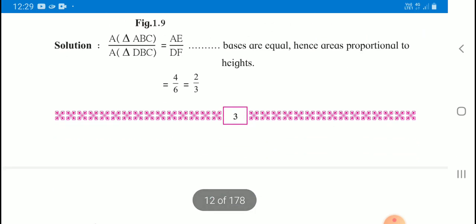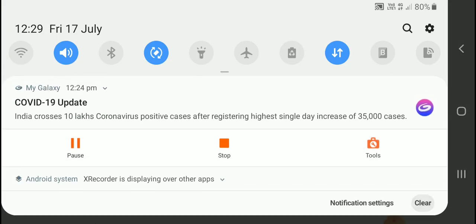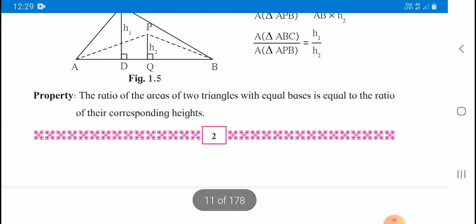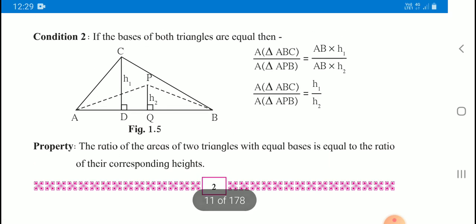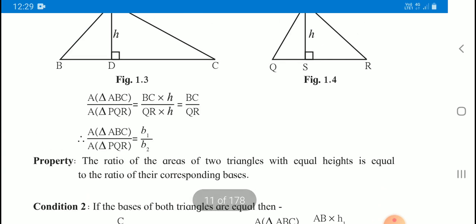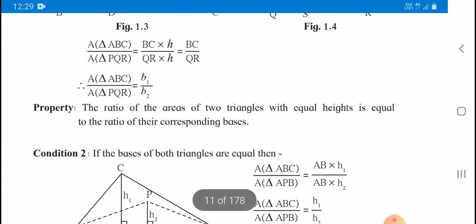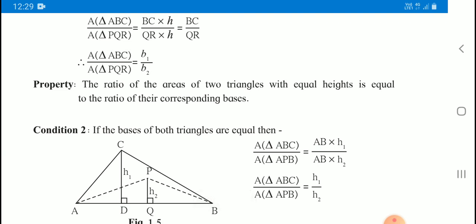Once again I will repeat the properties of areas of two triangles. The first property is, if the heights of two triangles are equal, then the ratio of the areas of two triangles with equal heights is equal to the ratio of their corresponding bases.